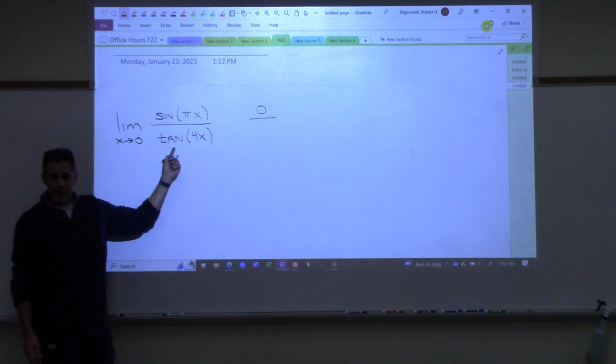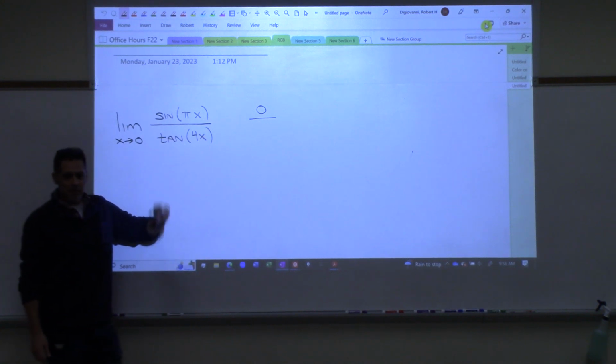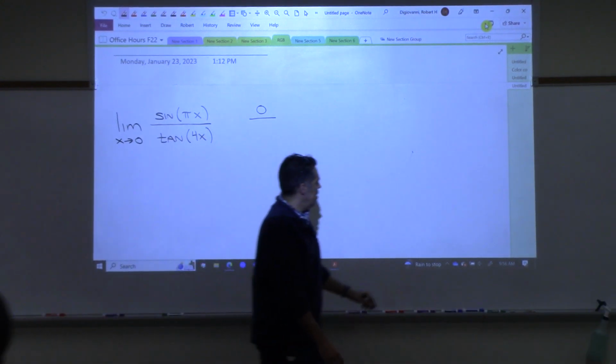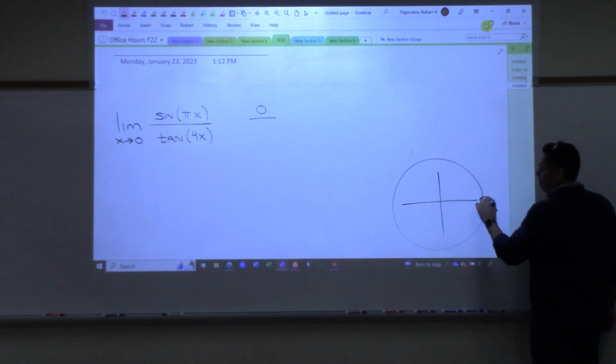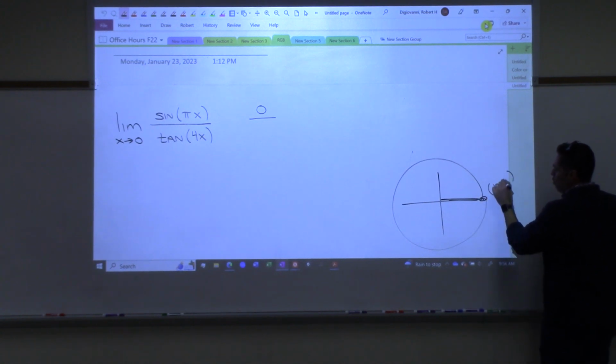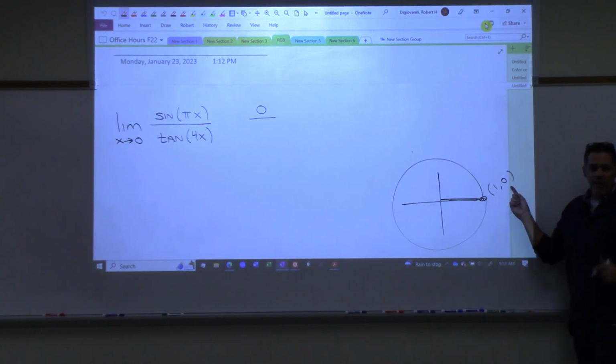What's tangent of 0? So how do you do that? You go to your unit circle, right? We're at this point because that's the angle 0. It's the point 1, 0. Tangent is defined to be which trig function over which trig function? Sine over cosine, right? The y-coordinate is sine. The x-coordinate is cosine.